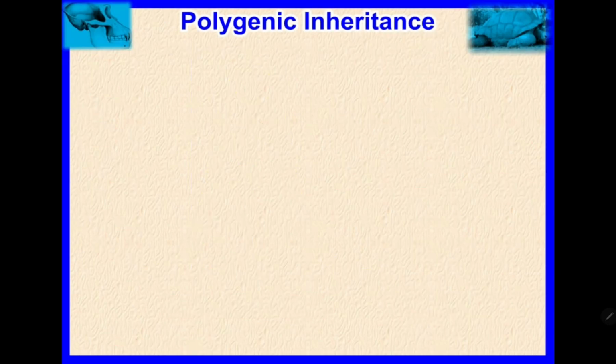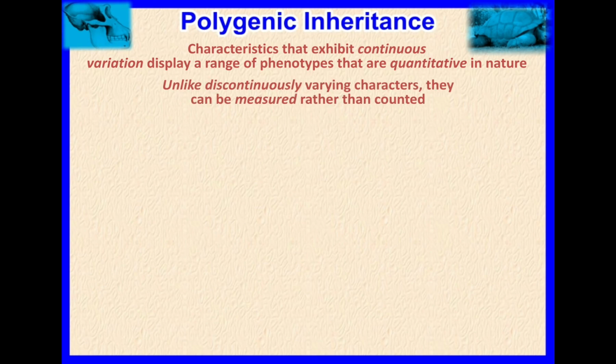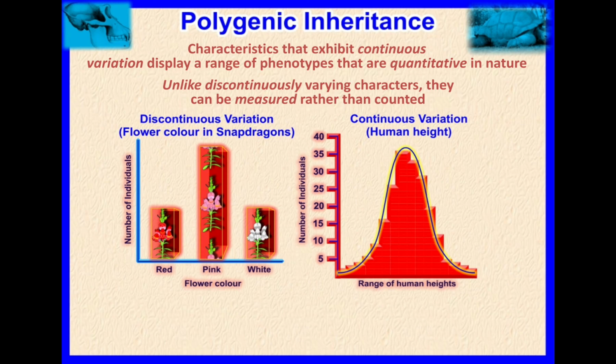So this is the result of something known as polygenetic inheritance. So whenever there's continuous variation, the phenotypes are quantitative, and unlike discontinuous varying characteristics, you will measure them rather than count them.